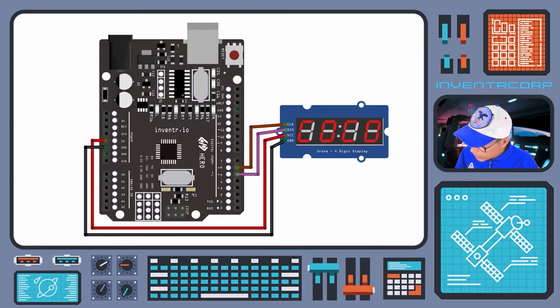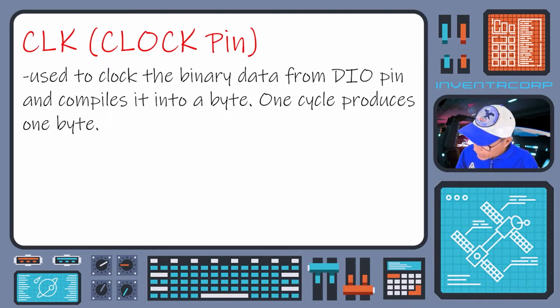The other two, clock on the top, will connect to a digital output on the hero and is used for controlling the refresh and update of the 7-segment display.